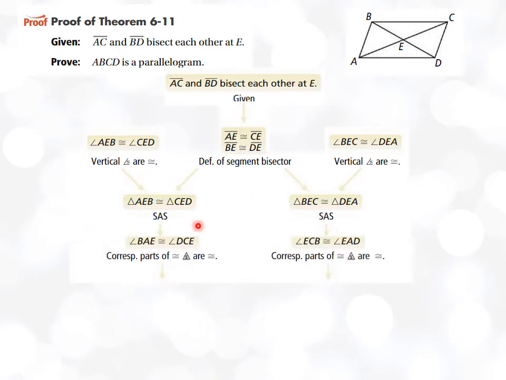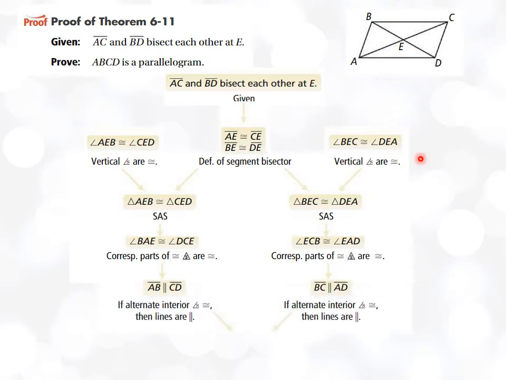So by CPCT, that means corresponding parts of congruent triangles are congruent, we can conclude angle BAE, this angle, is congruent to angle DCE, this angle. Okay, same way you can say angle ECB is congruent to angle EAD, same reason, CPCT.